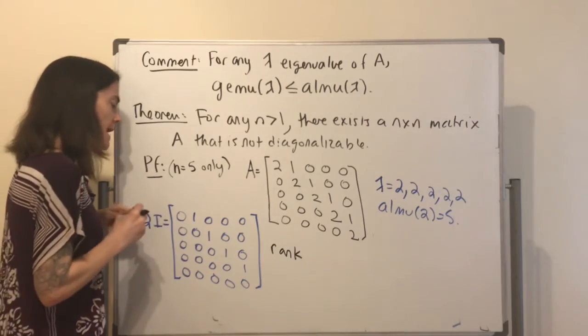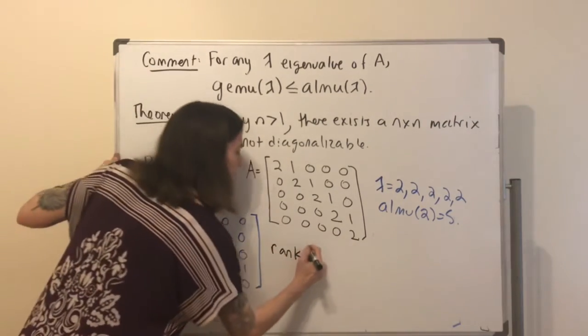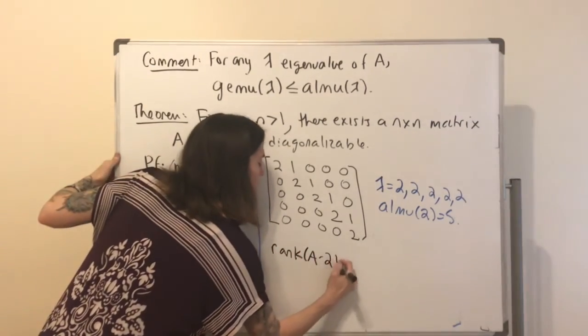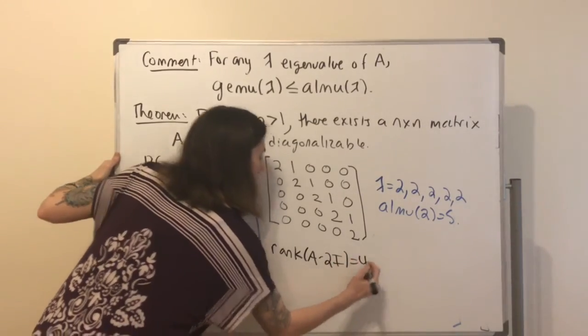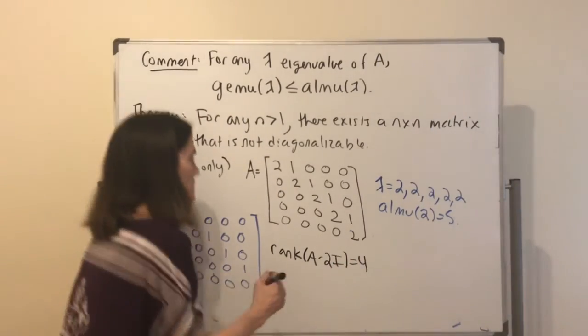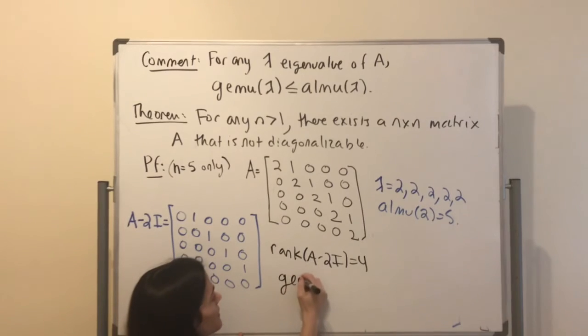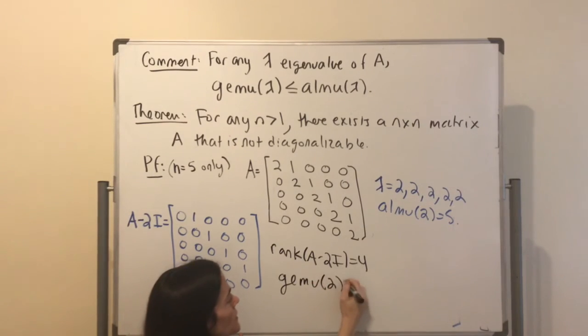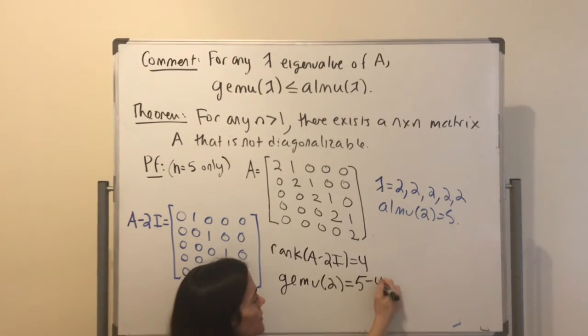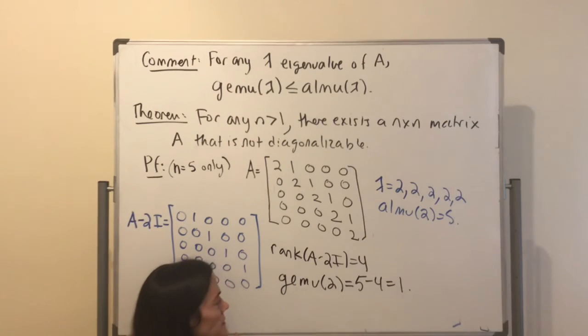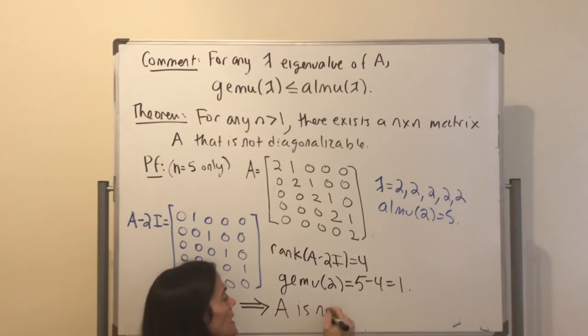Okay, it has rank 4. Immediately we know the geometric multiplicity of 2 is 5 minus 4, which is 1. And it's not 5 as it needs to be. And so we get that A is not diagonalizable.